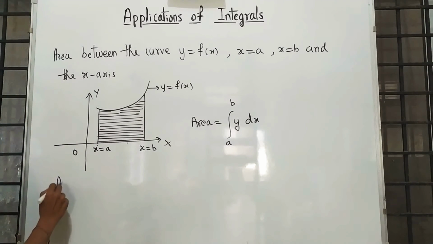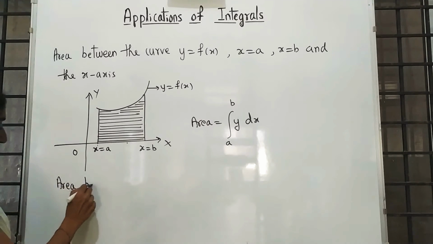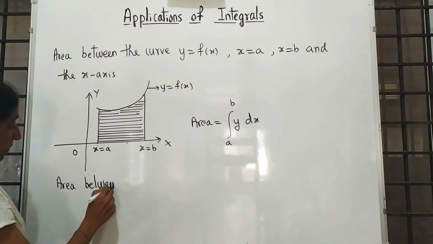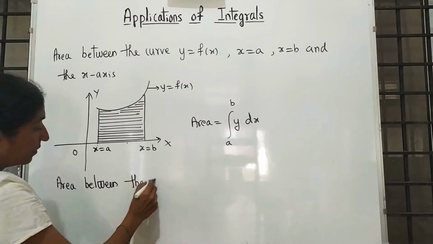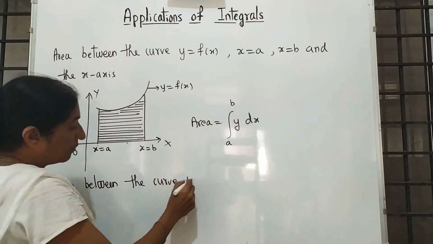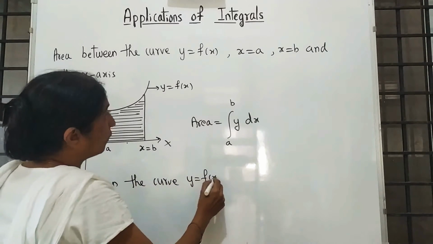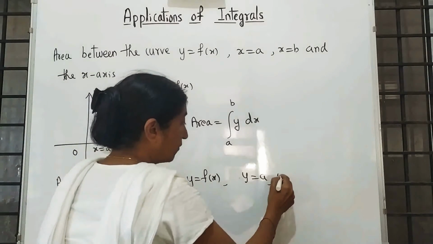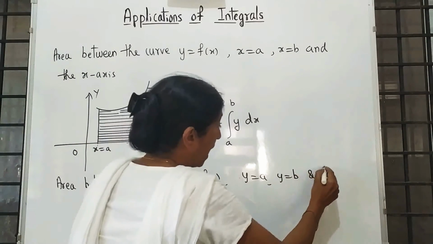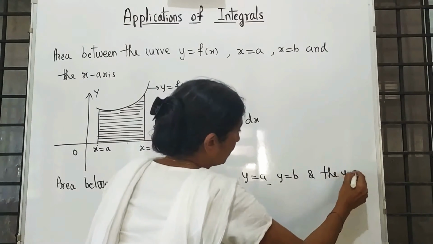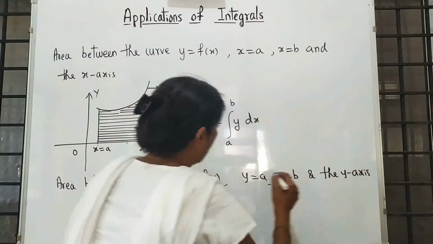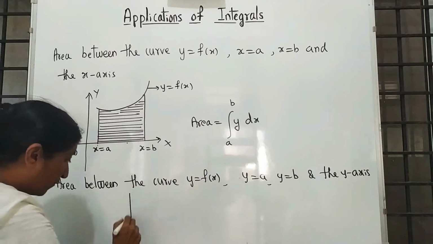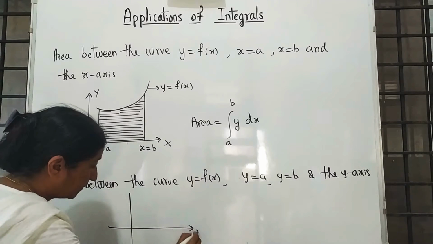And the second one, area between the curve y is equal to f of x, y is equal to a, y is equal to b, and the y-axis. The figure is like this.